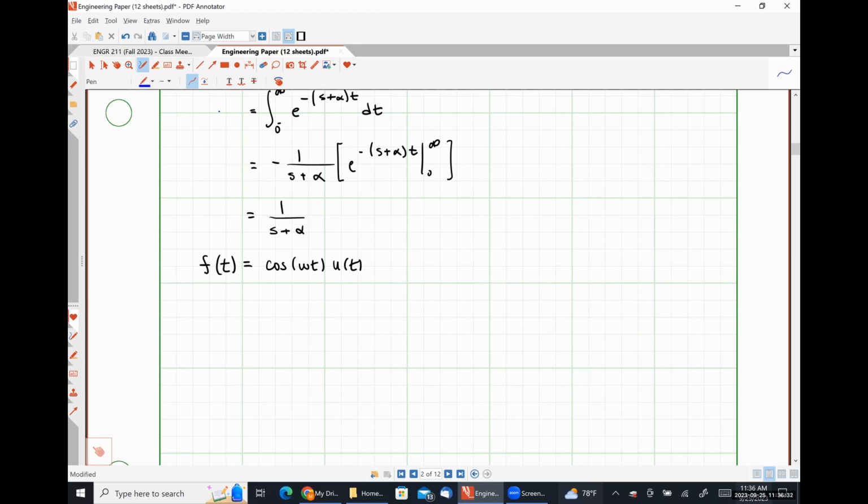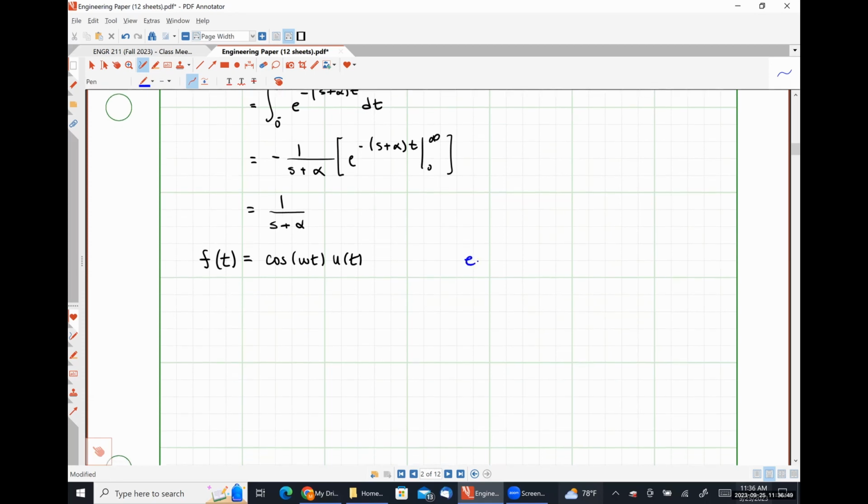Euler's identity is foundational to the field of electrical engineering because it's what allows us to transform from the time domain, where we have sine functions and cosine functions, to the frequency domain, where everything is expressed in terms of complex numbers. So Euler's identity is e to the j omega t equals cosine omega t plus j sine omega t.